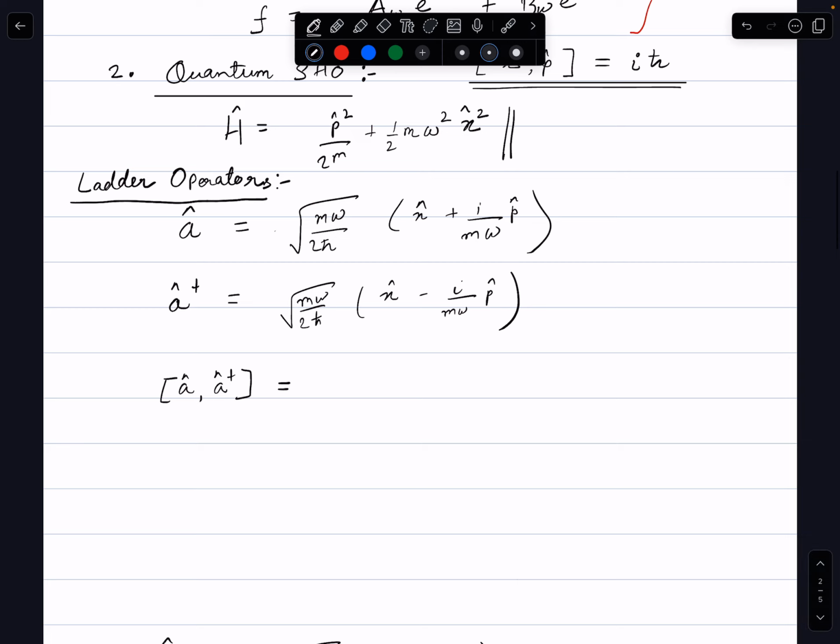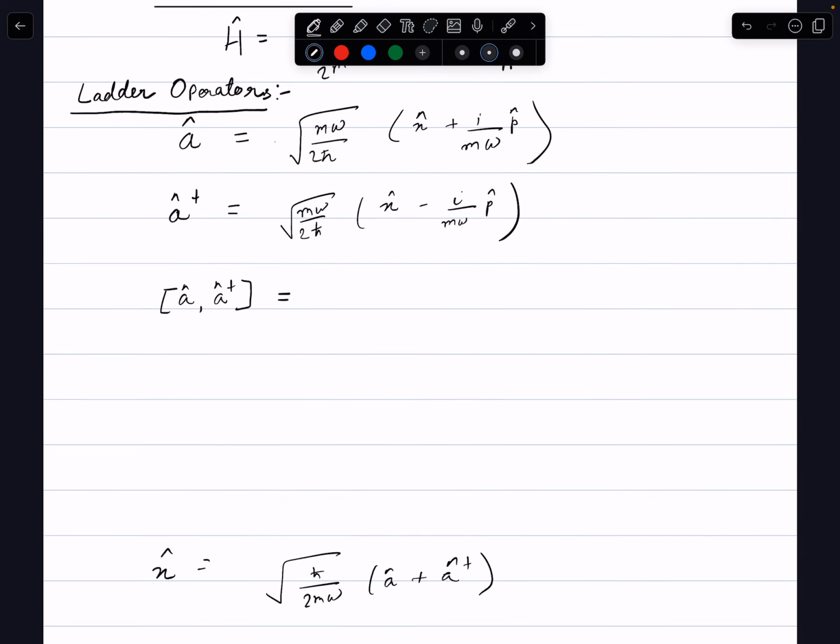So let's calculate the commutator of these two. Multiplying these two, we have m omega over 2 h bar times (x plus i over m omega p)(x minus i over m omega p).